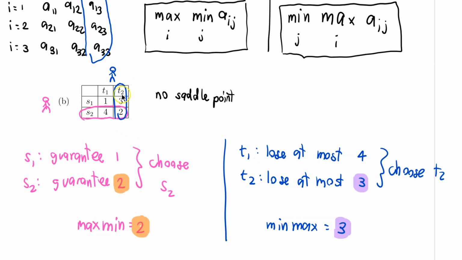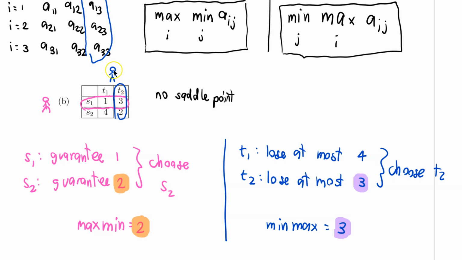What could go wrong with this? Well, if Alice sees that Bob is going to choose t2, then because this is not a Nash equilibrium, Alice could change her strategy because she sees that if Bob were to choose t2, then she could have chosen f1, because that's going to give her more money. Now she's going to have $3.